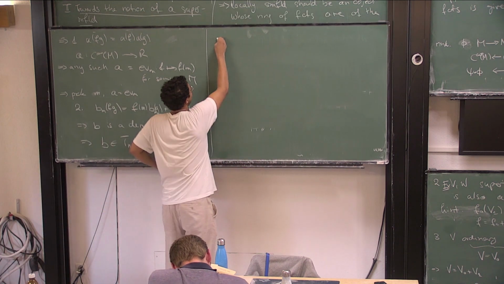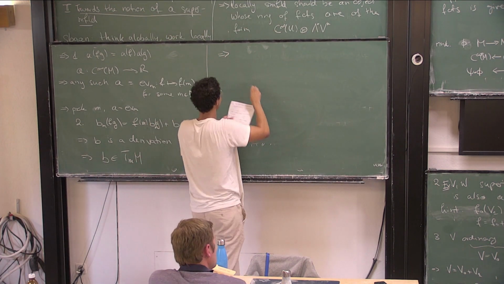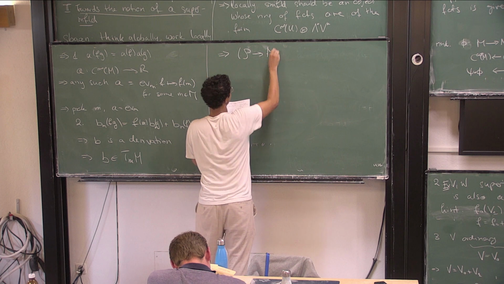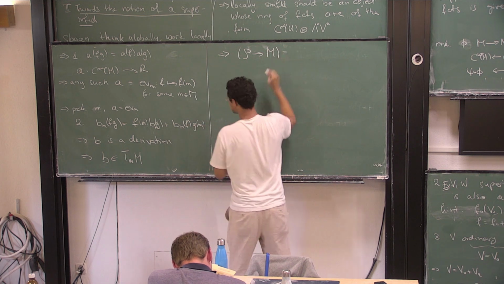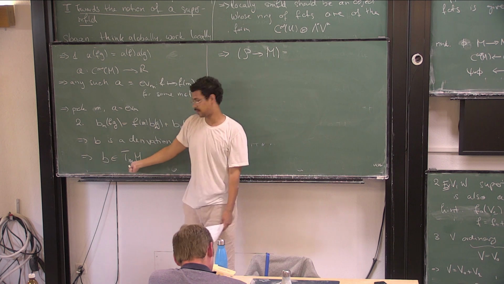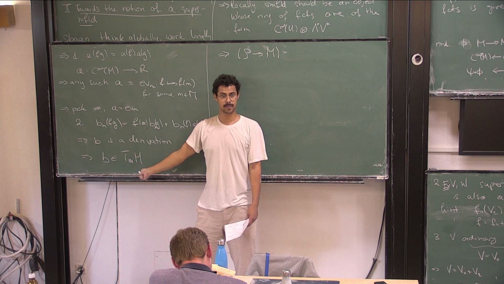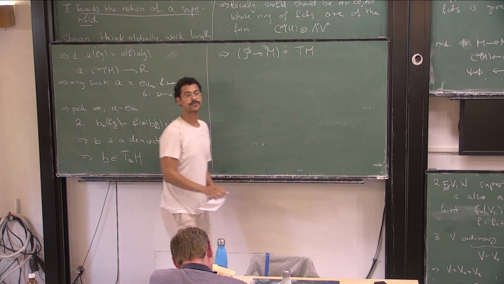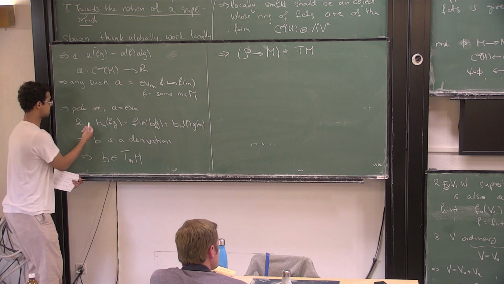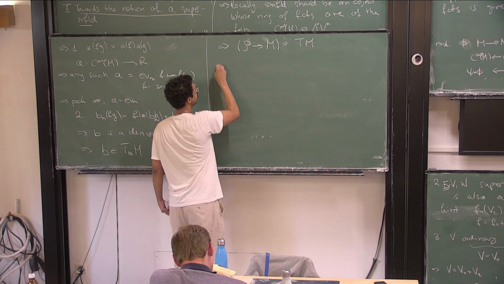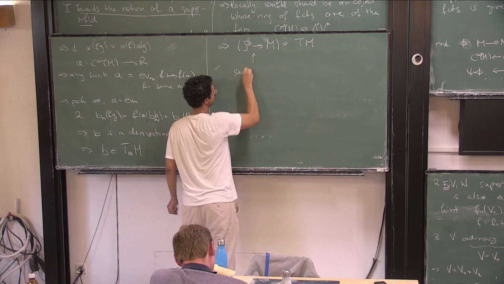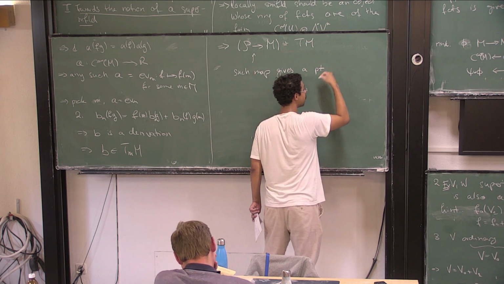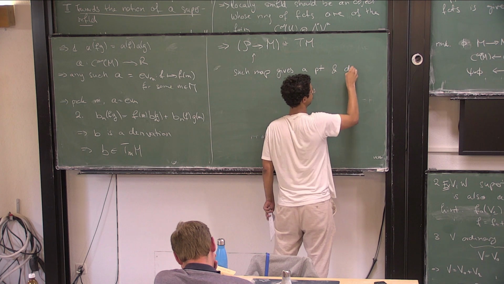So what this means, somehow, the conclusion, and then I let you breathe, is that these maps from the supermanifold to this ordinary manifold are given by pairs: a point m and then a vector in T_m M. So somehow this can be thought of as a tangent space of M. So such a map gives a point, and a direction.